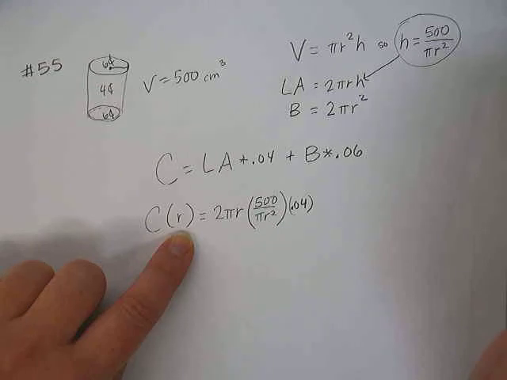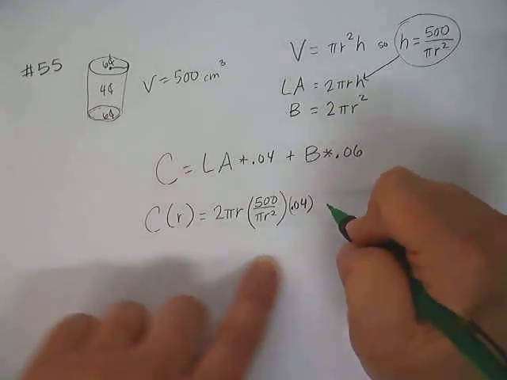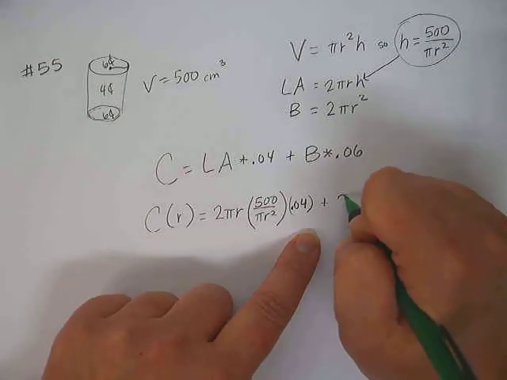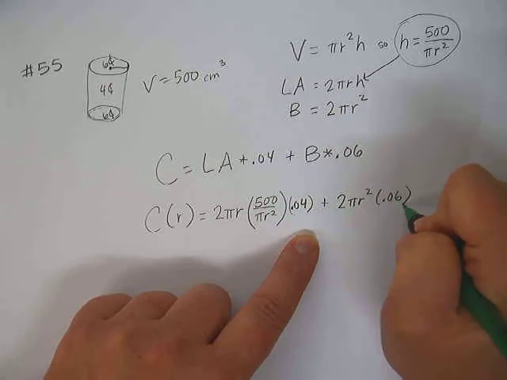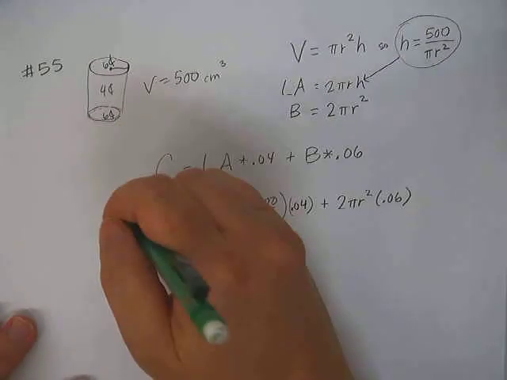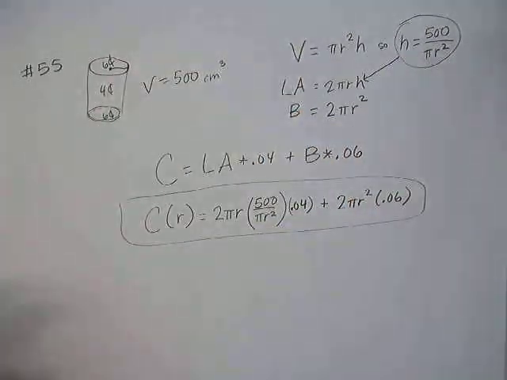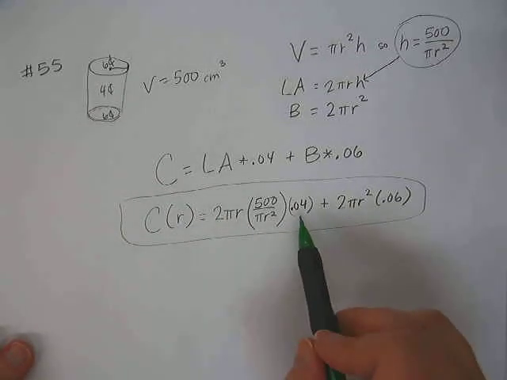Then we multiply that times 0.04, because that's the sides of the cylinder. And then the top and the bottom would simply be 2 pi r squared times 0.06. That's a rough function that you could leave like that.